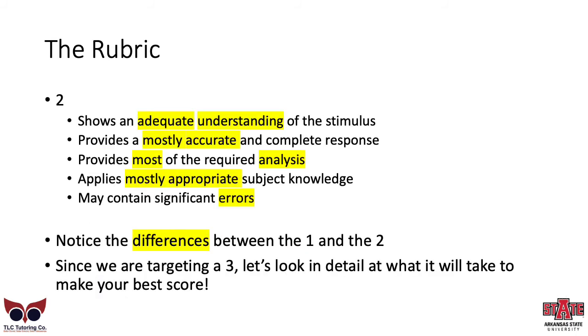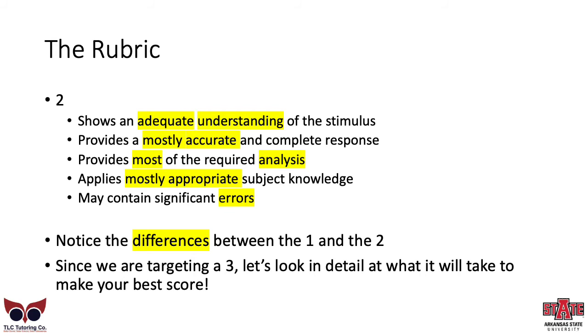The rubric, score 2. A score of 2 will be given if an essay shows an adequate understanding of the stimulus, provides a mostly accurate and complete response, provides most of the required analysis, applies mostly appropriate subject knowledge, but a score of 2 may be given if an essay contains significant errors.